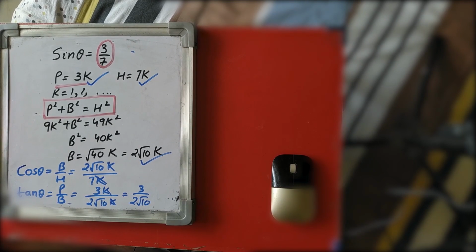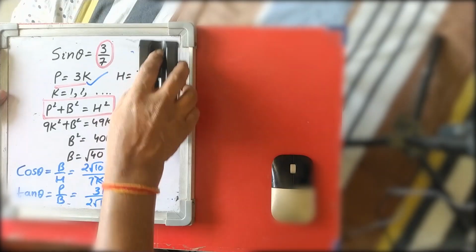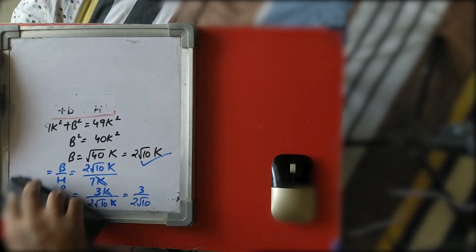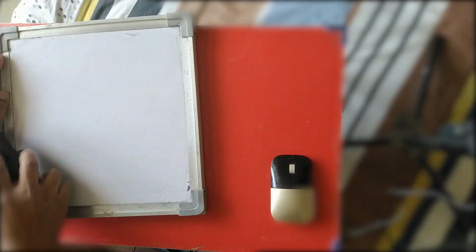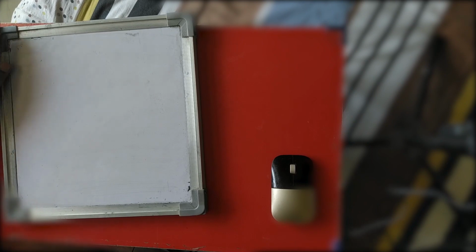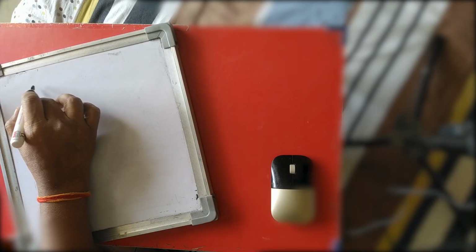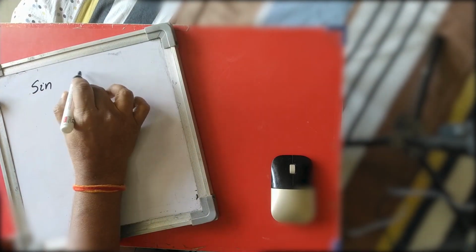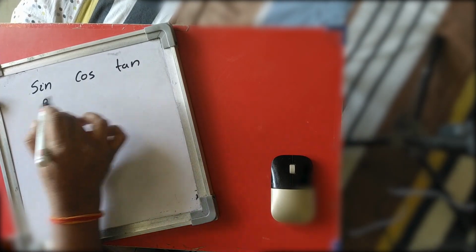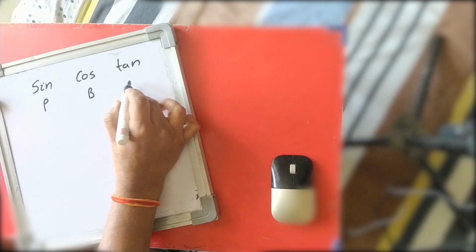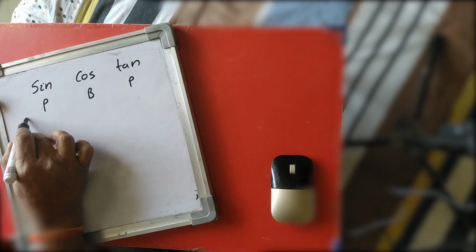Of course, we also have to remember all trigonometric ratios, and one of the short ways of doing it has been in use for a long time, even to the time when I was a student. What we wrote at that time: sine, cos, tan, as we know the numerator is p, b, p.